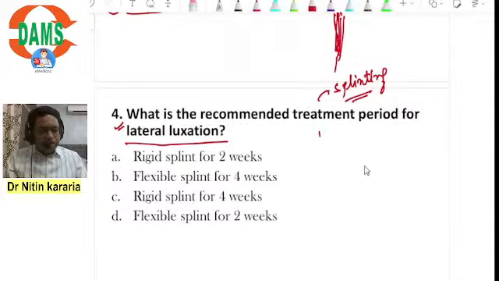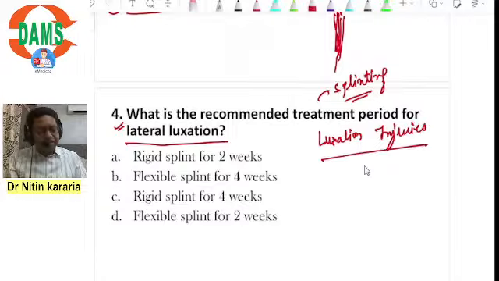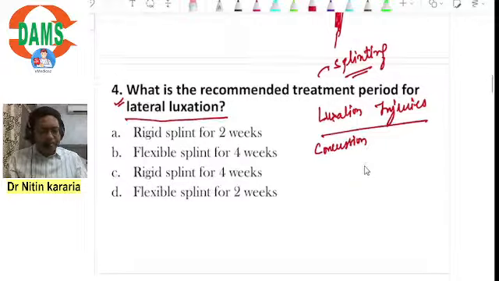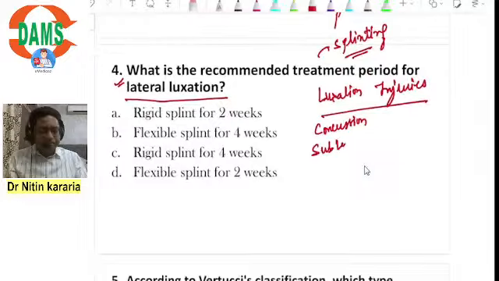Now, if we talk about luxation injuries, we know there are different luxation injuries like concussion, subluxation, lateral luxation, extrusion and intrusion.